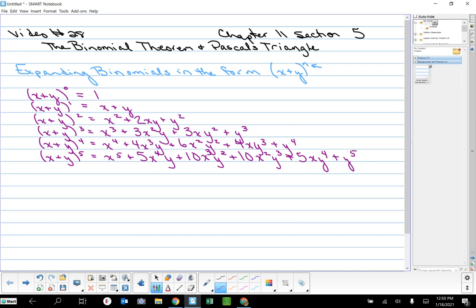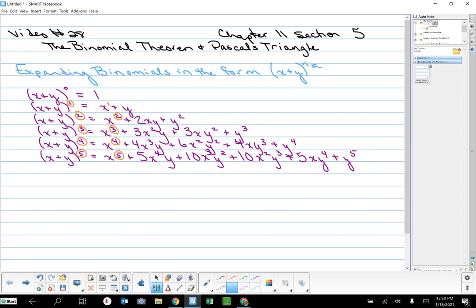All right, so there are some observations here that it's important that you make, and I need to be able to point these out to you. So, one, the first term always has, in this case, because the coefficients are just 1 on the x and 1 on the y, the power on the first term matching the n.